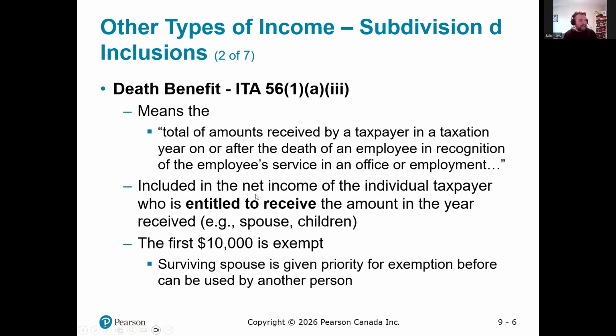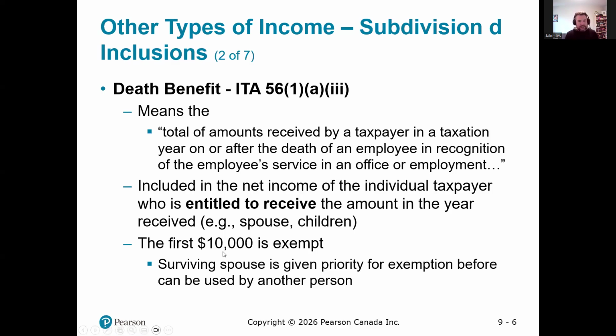So this will be included in net income of the individual taxpayer who's entitled to receive it. So if they pay out the death benefit to my spouse, it's going to be included in their income, even though it's related to my employment position.